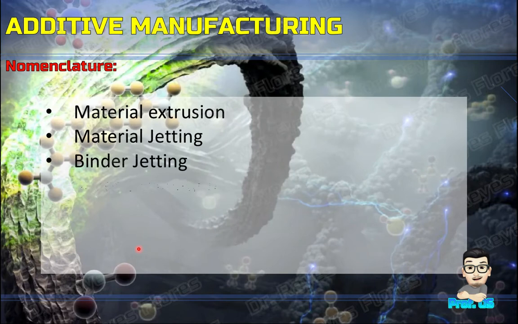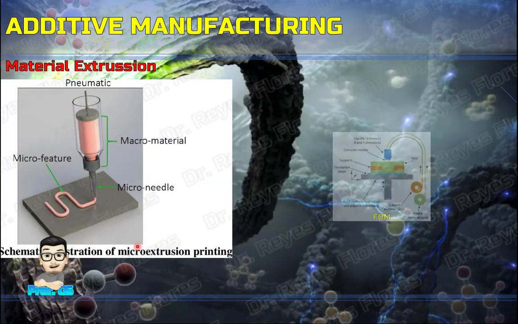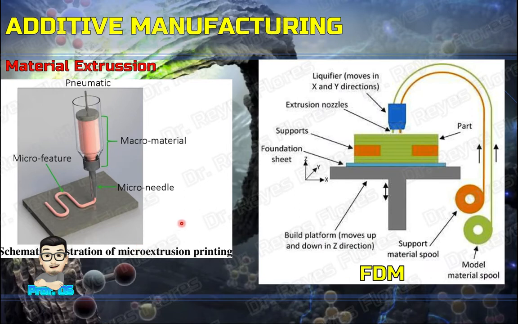Standards have defined a number of terms to distinguish additive manufacturing technologies from their formative and subtractive competitors and to classify different additive manufacturing processes. We aim to follow this nomenclature in the course of this video. Well, the first is material extrusion. Material extrusion is an additive manufacturing process in which material is selectively dispensed through a nozzle.